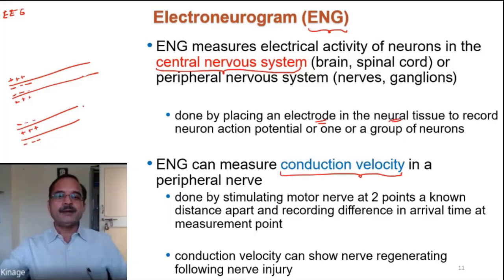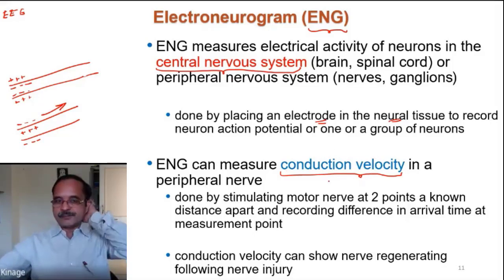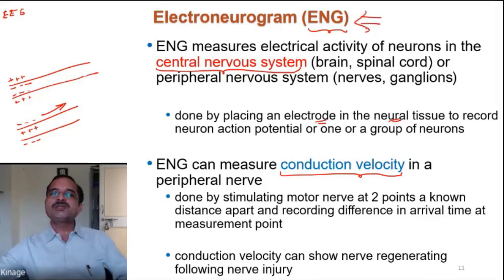This propagates, as we have seen earlier in one of the slides during animation. I have shown you that this charge propagates from one cell to the other cell, or from one neuron to the other neuron. That is called conduction velocity. So during this ENG, we are measuring the conduction velocity. How it is done, we'll discuss in the next slide.